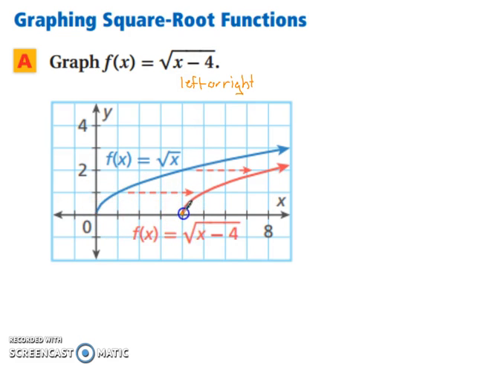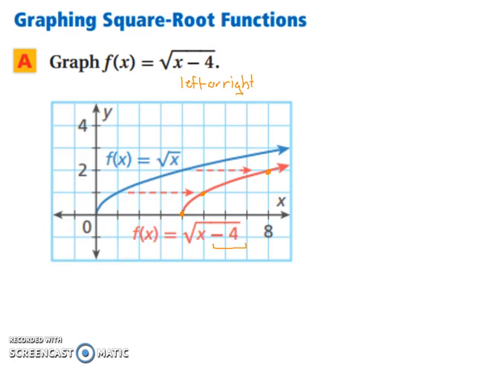Everything about the parent function stays the same other than it moving to the right 4. So you still have 1 point here, you're going up 1 over 1 to here, you're still going up 2 over 4 to here. So that part of your parent function is the same. You're just moving it to the right 4 to take into account this square root of x minus 4.